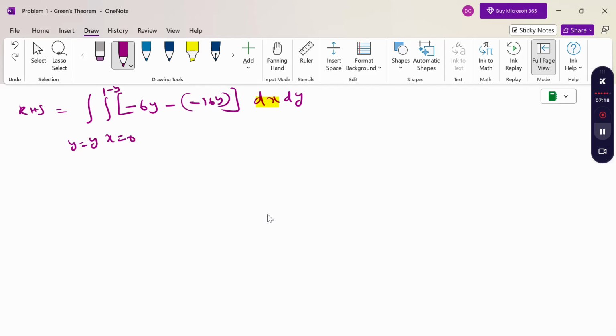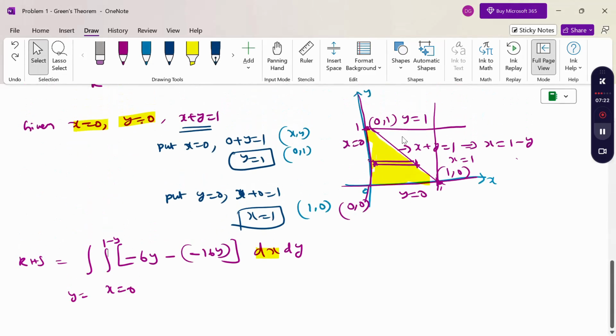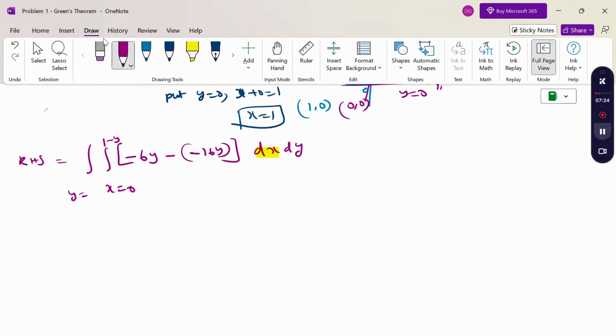Then the y value: y is where? Here, 0 to 1. When simplified, y from 0 to 1, x from 0 to 1 - y, the integrand becomes 16 - 6, that is 10y, dx dy.